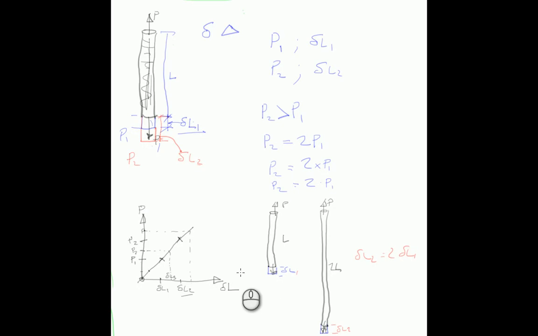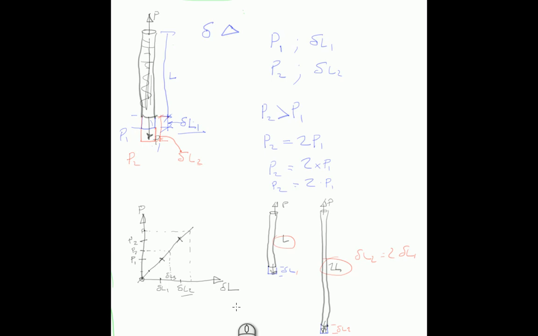So we've got a problem here in that this new sample that we've come up with doesn't correspond with this relationship that we've established here. Because we've changed the length, we can't rely on this straight line being applicable to this particular sample.